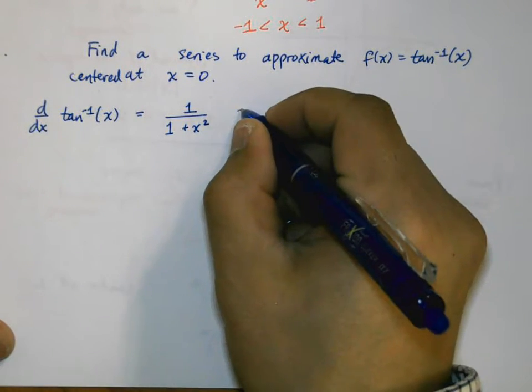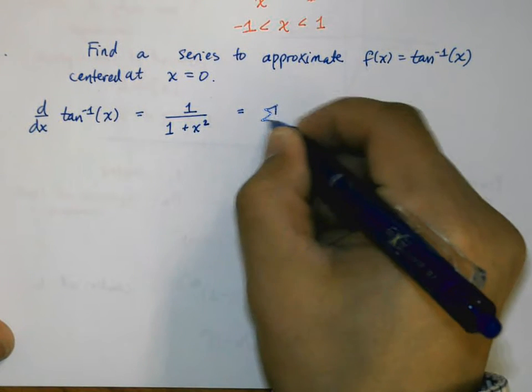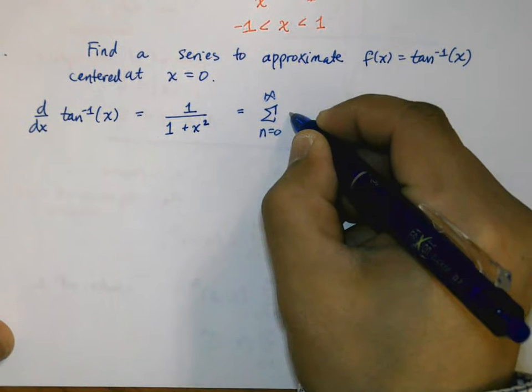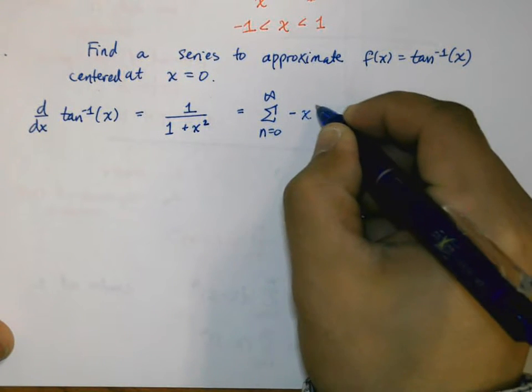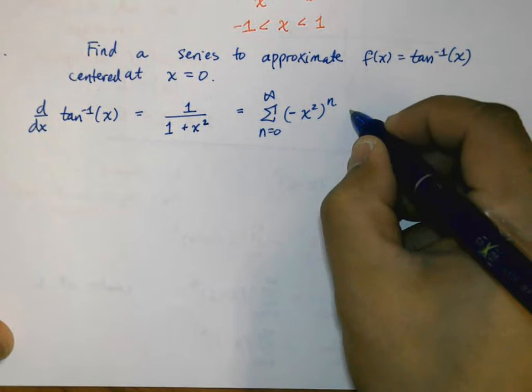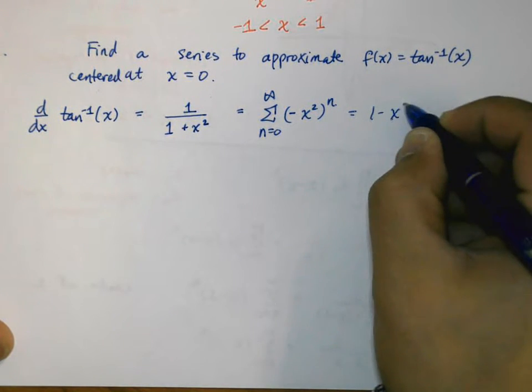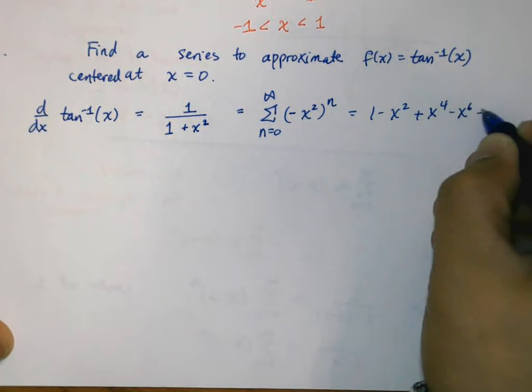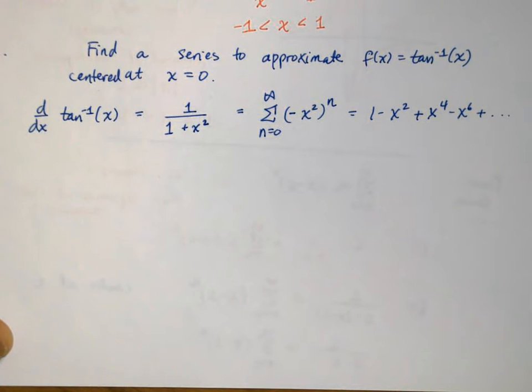So we can say that this is in fact equal to the sum from n equals 0 to infinity of negative x squared to the nth. And we can expand this out, which is 1 minus x squared plus x to the 4th minus x to the 6th, and so on, onwards to infinity.